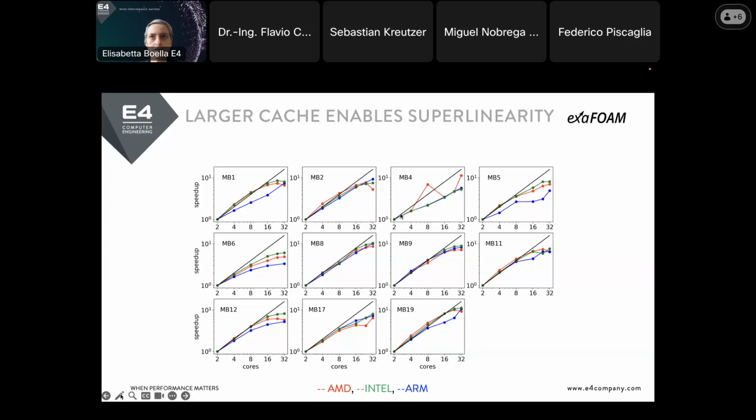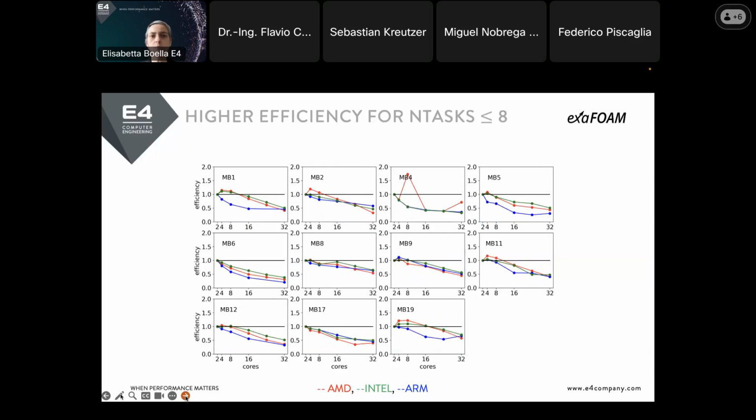Using this data again, we then computed the efficiency in what are basically strong scaling tests. And good efficiency, meaning larger than 70%, is obtained when using only a number of MPI tasks less than 8 in this microbenchmark, as we can see from this plot. Here you have the efficiency on the y-axis versus the number of cores, again for the 3 platforms tested. The efficiency dropped dramatically in all the cases when using more than 8 MPI tasks.